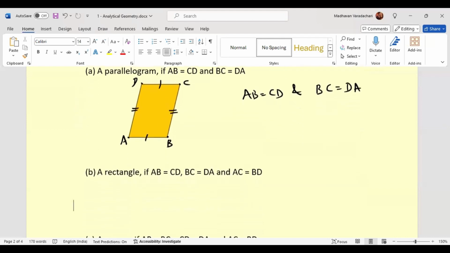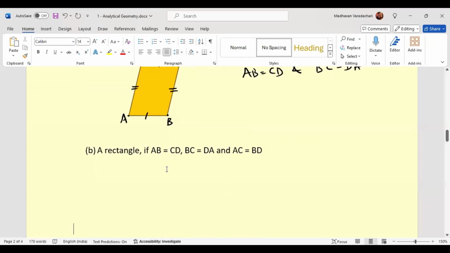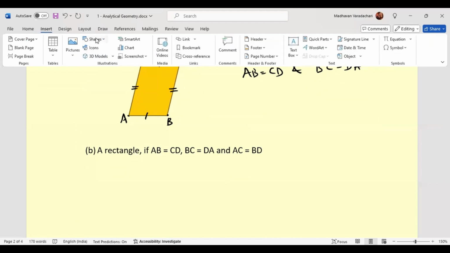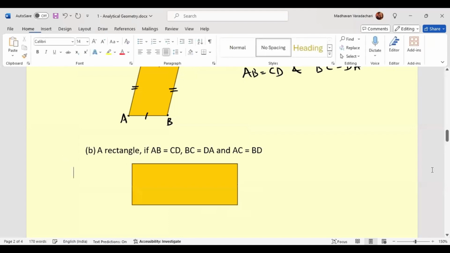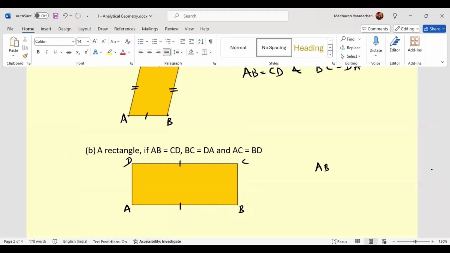Next one, a quadrilateral ABCD is a rectangle if AB is equal to CD equal to BC equal to DA and AC equal to BD. Let us draw one rectangle. Let us consider the vertices as A, B, C and D. We know very clearly here AB is the same as CD. And also BC is same as DA.